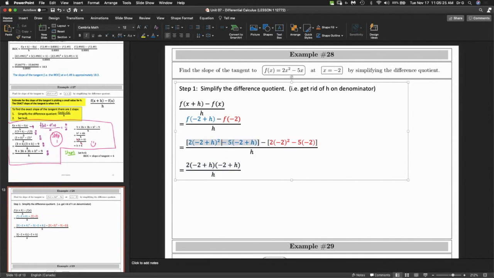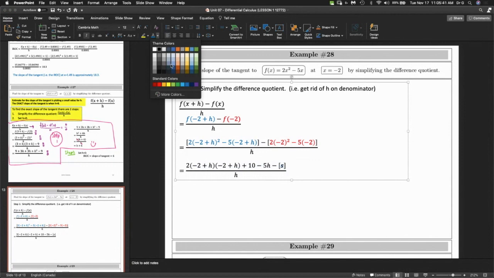Now this one here, I'm going to expand that. If you expand that, you're going to get plus 10 minus 5h minus, then I'm going to put a square bracket here. In this square bracket is the numbers here in red. So if you simplify all this stuff in red, what do you get?